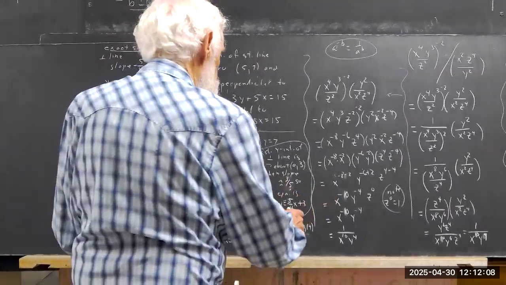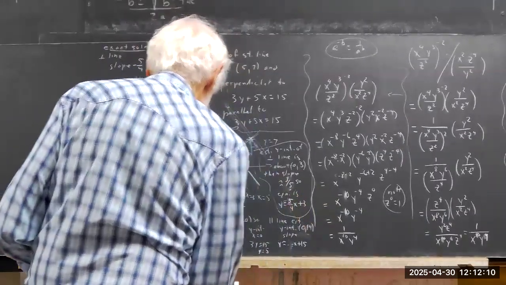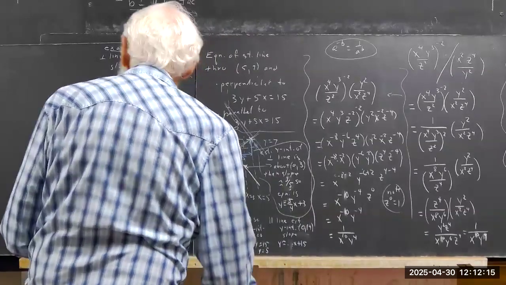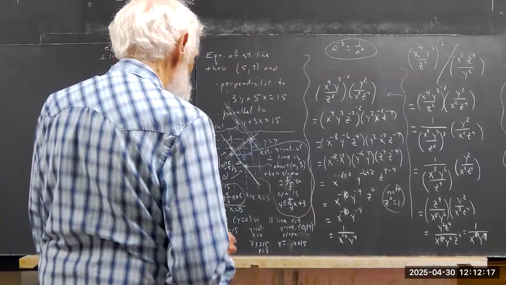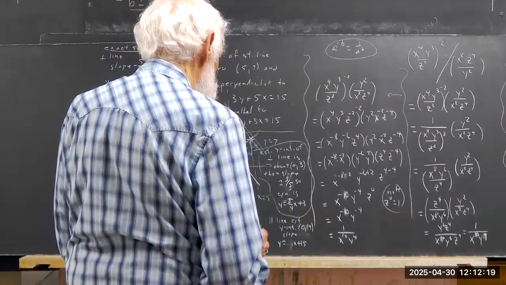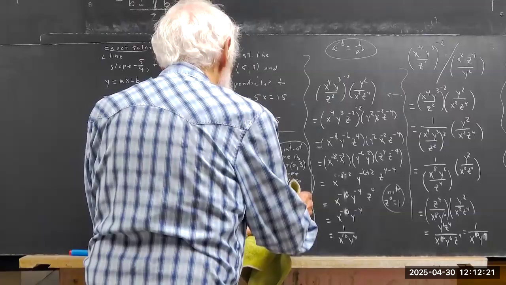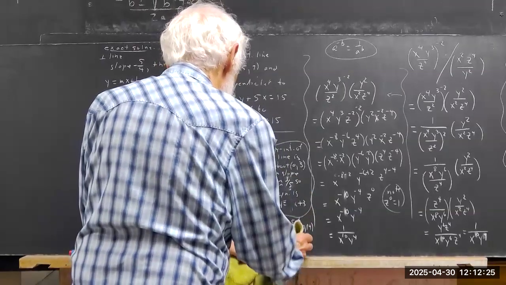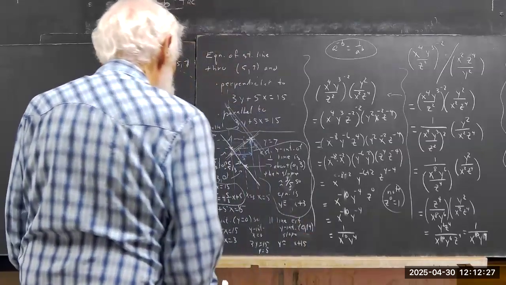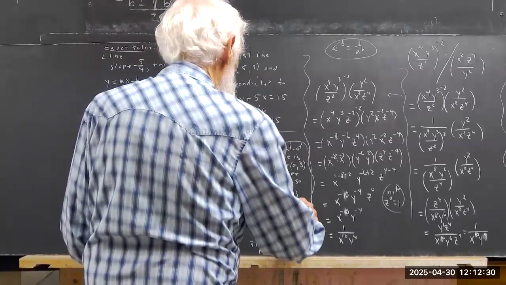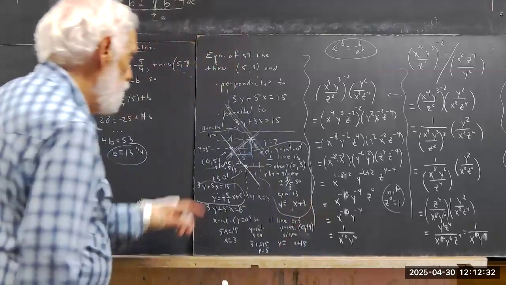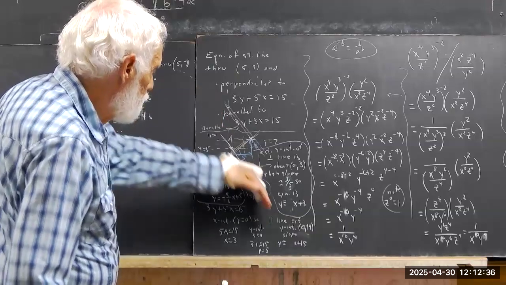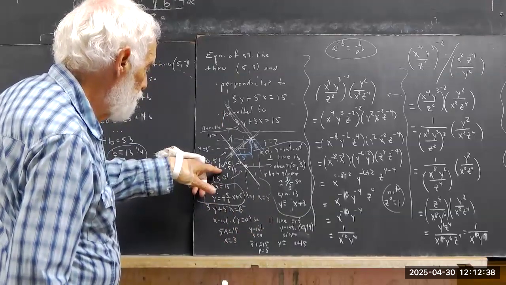So the only thing I have to change here is, again, this is your perpendicular line. The slope of the original line is negative 5/3.